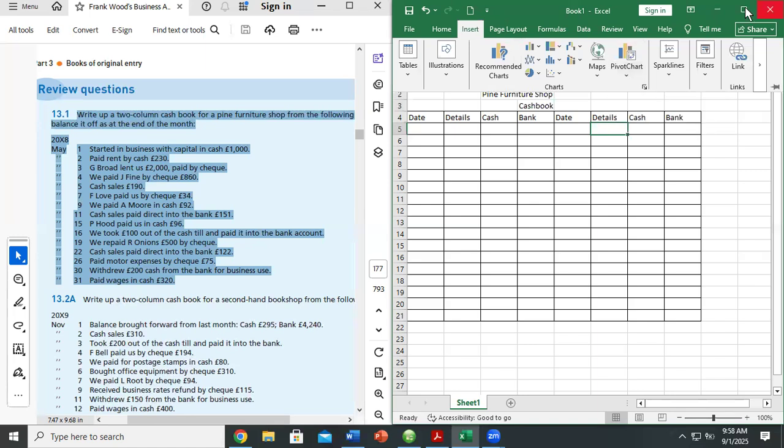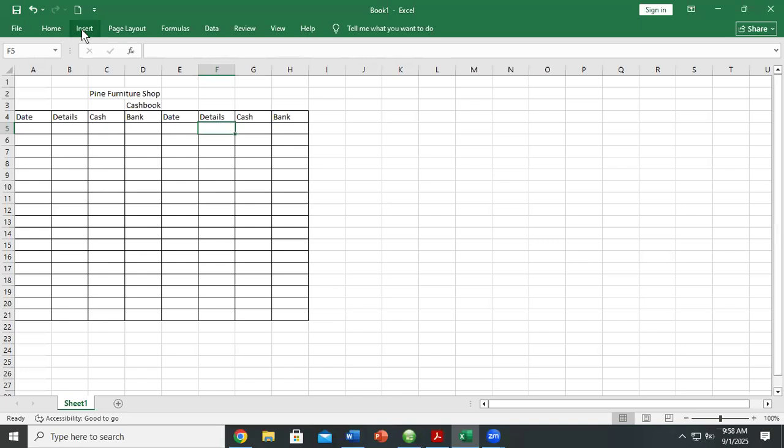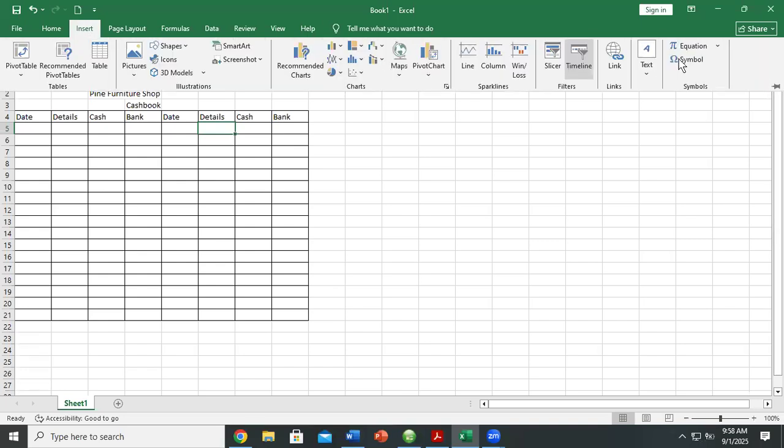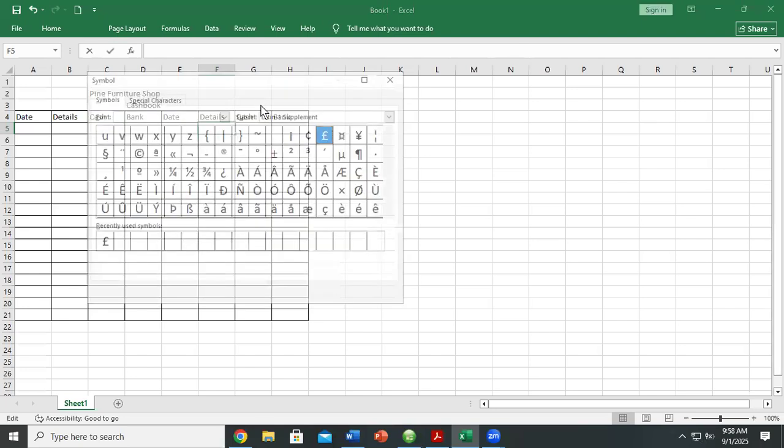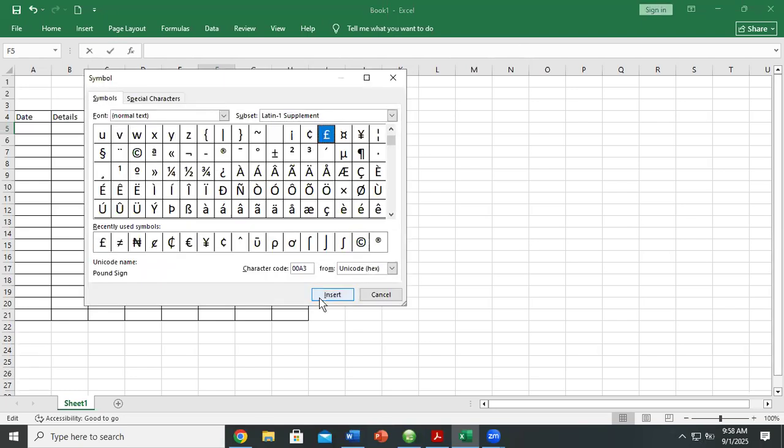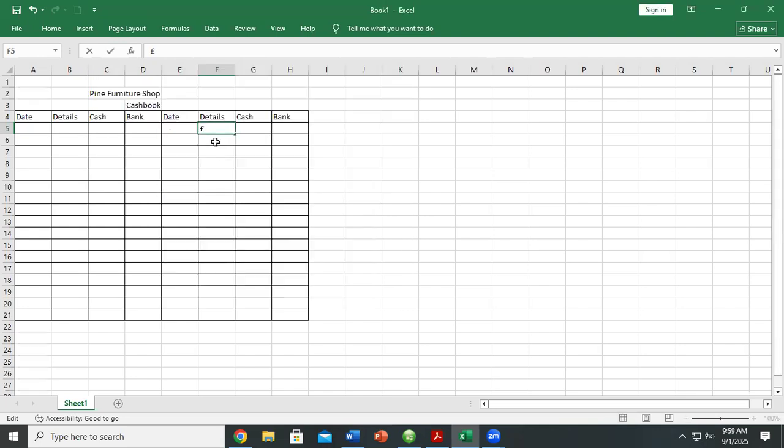Okay, so let me insert currency. So it's supposed to be at each of the amount columns, i.e. the bank and cash. Some of these things will earn you easy marks, but if you don't do them, you lose precious points.